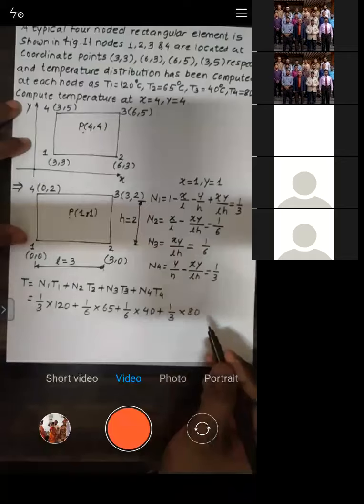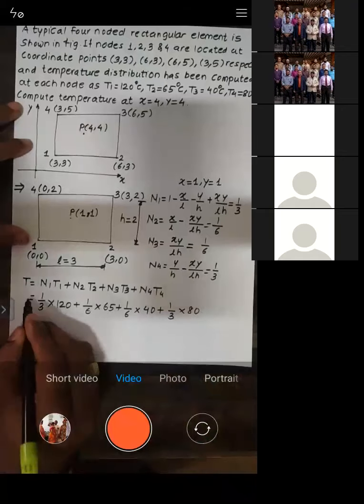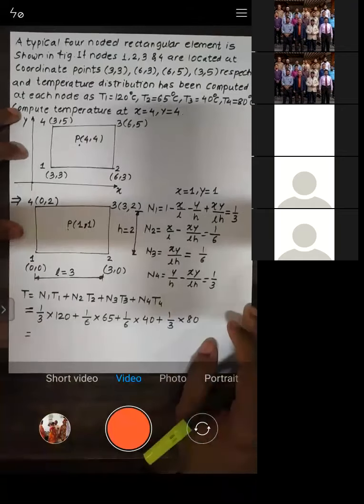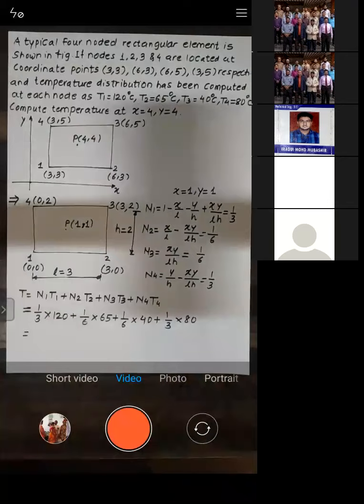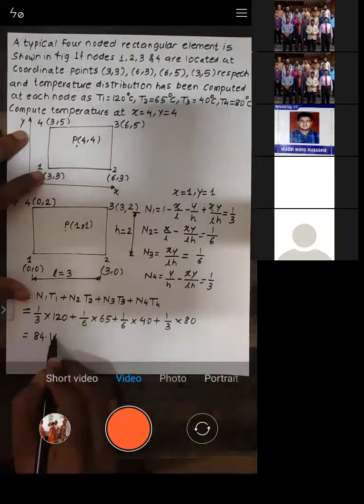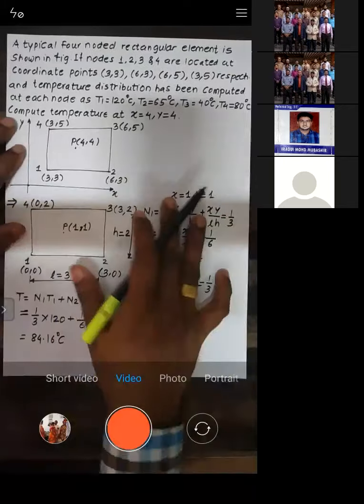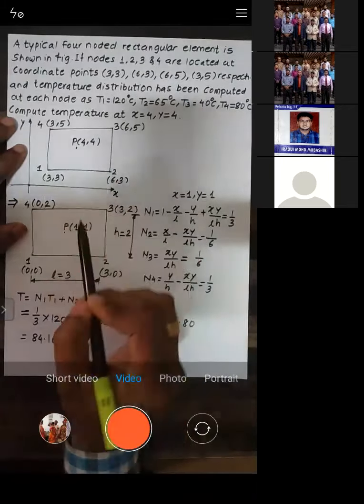Okay. Now just see how much answer you're getting. Let me know what answer you're getting. 84.16. 84.16 degrees Celsius. Okay. So this is the temperature you will get at point number P. Is it okay?